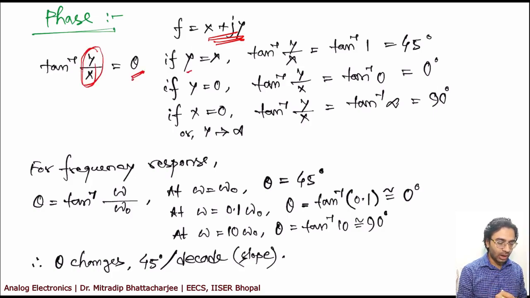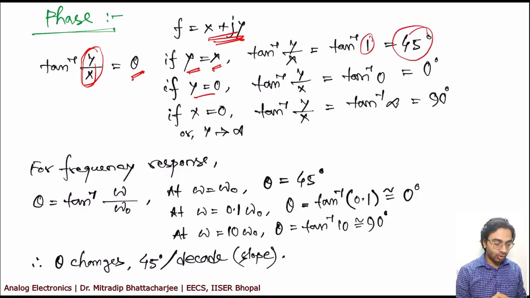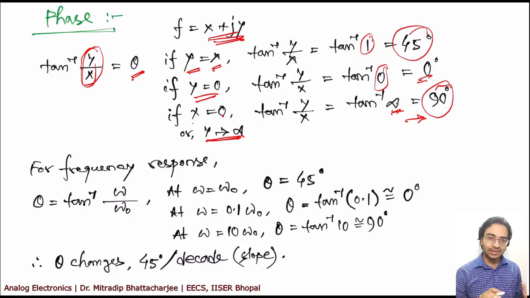Now in this case, if y equal to x, your tan inverse y by x will be tan inverse 1, which is 45 degree. If y equal to 0, then it will be tan inverse 0, that means 0 degree. If x equal to 0 or y tends to infinity, then your tan inverse y by x will be tan inverse infinity, that means 90 degree. So this is the simple mathematics, okay?